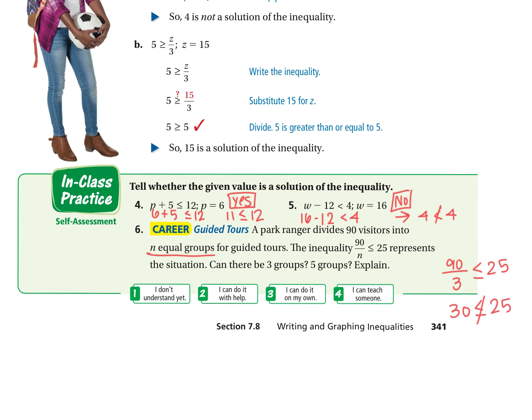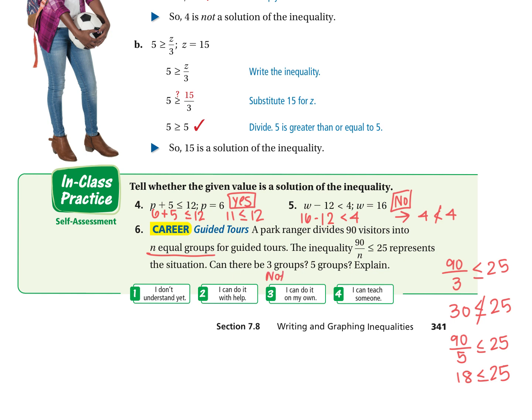Well, let's try 5. So if I did 90 divided by 5, less than or equal to 25, 90 divided by 5 equals 18, which is less than or equal to 25. So this one would be yes. So can there be 3 groups?